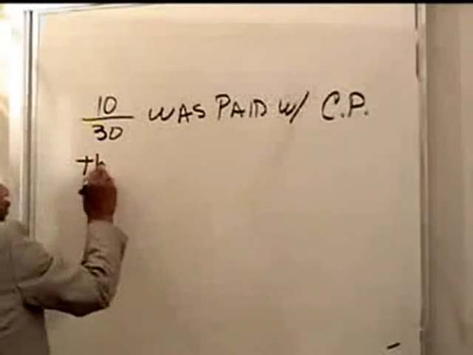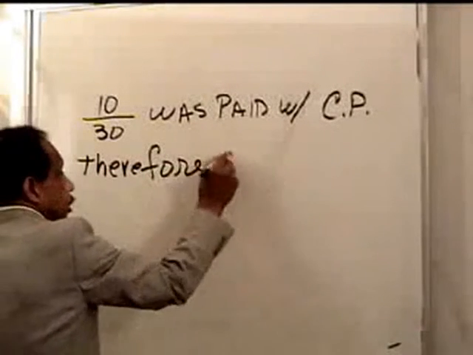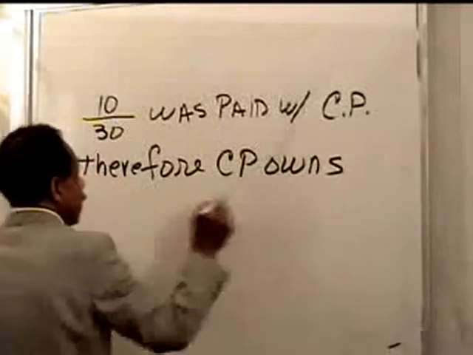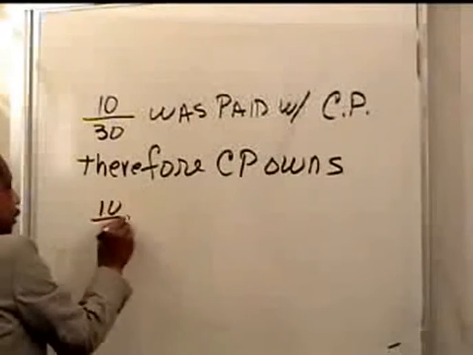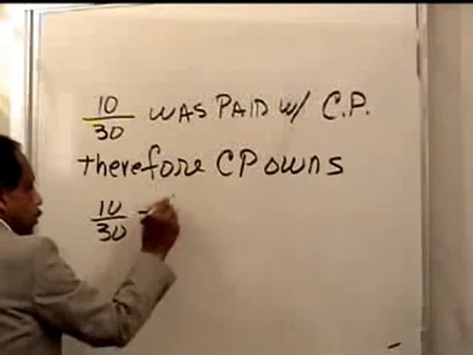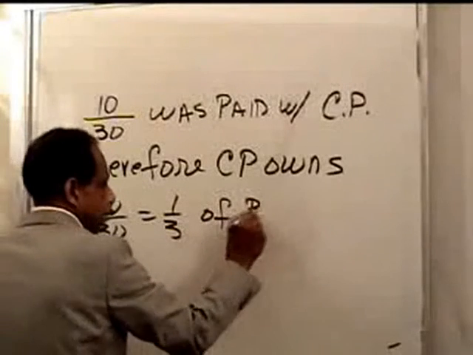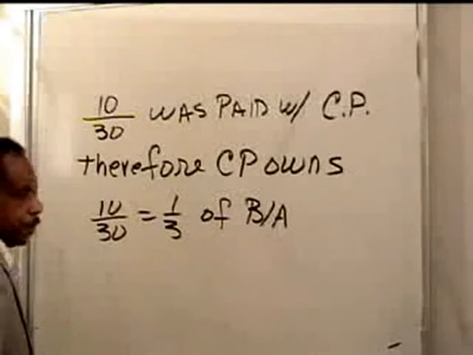Therefore, CP owns 10 out of 30, equals 1/3 of the Blackacre. Whatever it's worth now, the community owns a third.